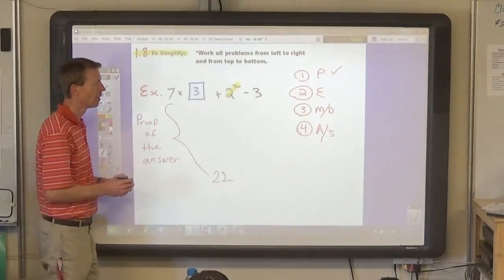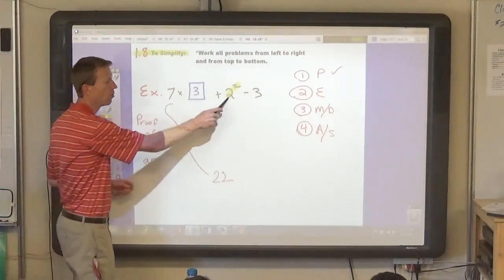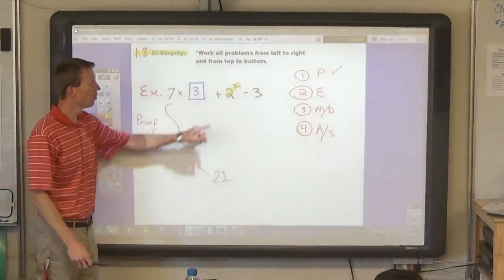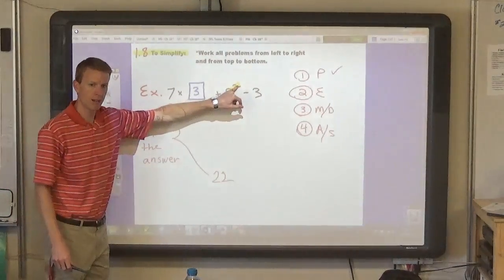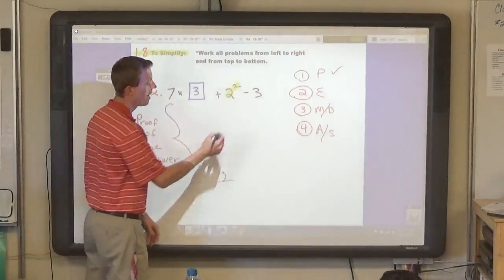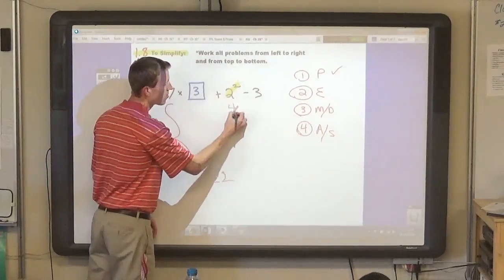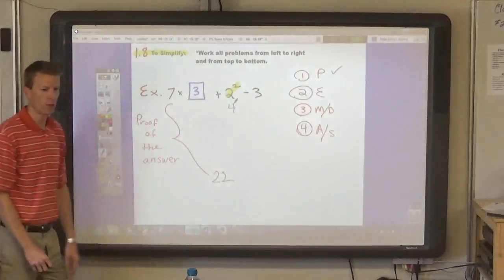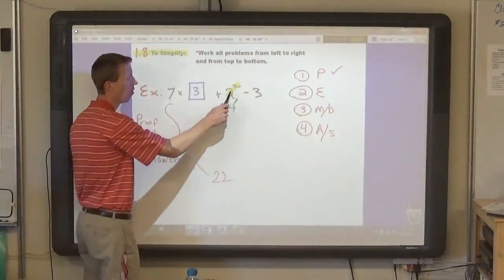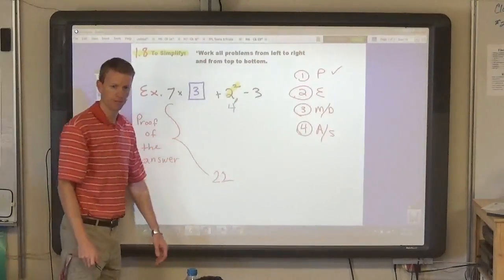Okay. Now, we skip to the exponents. 2 squared, that means 2 times 2. Base times itself, and we're going to write the answer right underneath the problem we're doing. The reason you do that is so that you know you're done with that part. Okay?